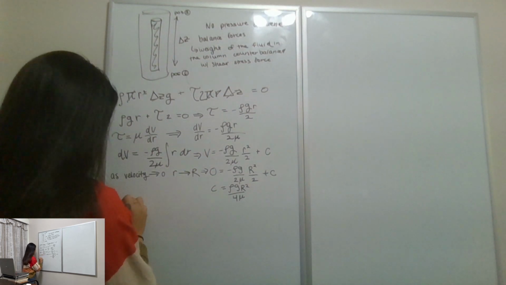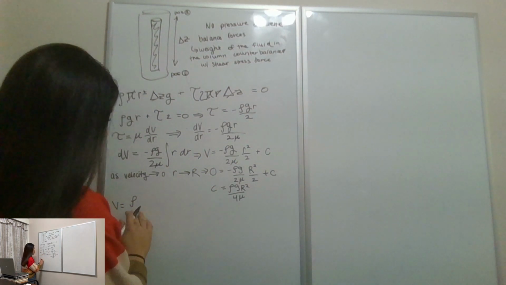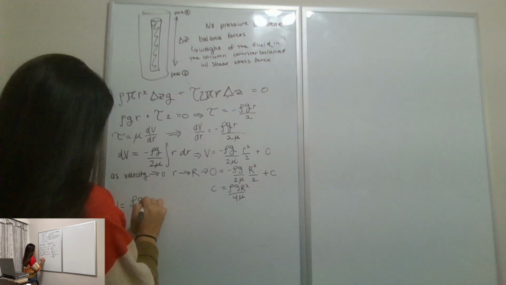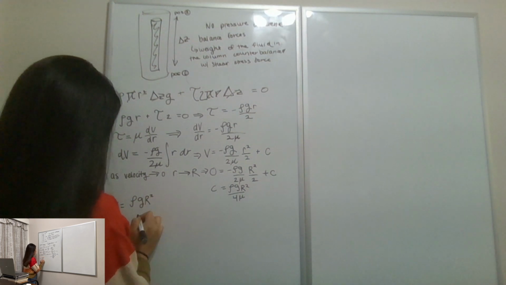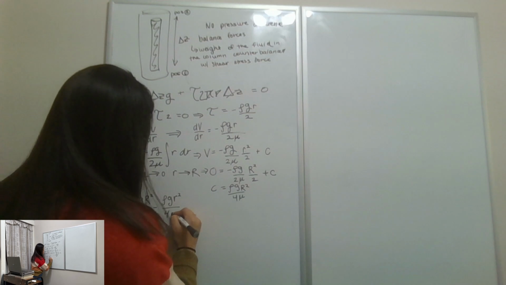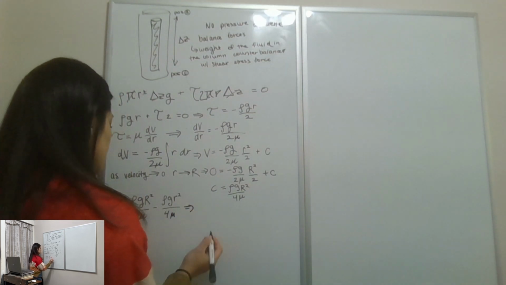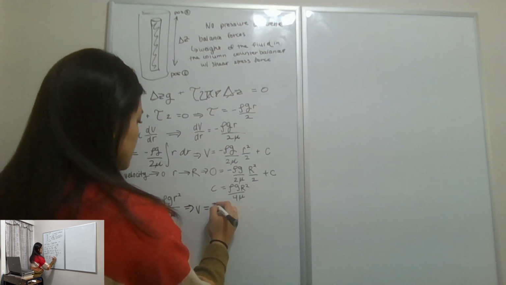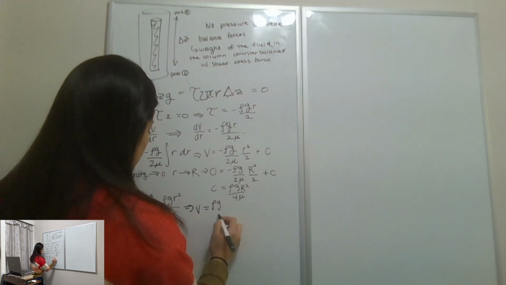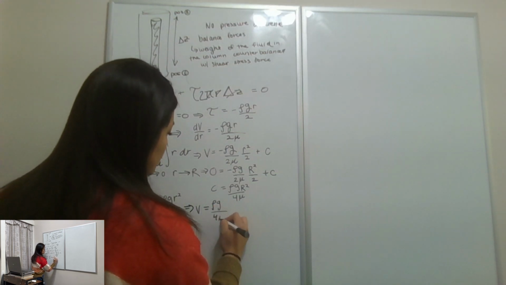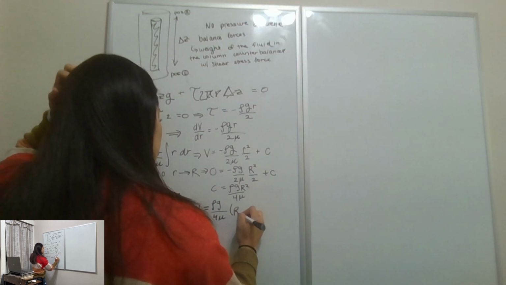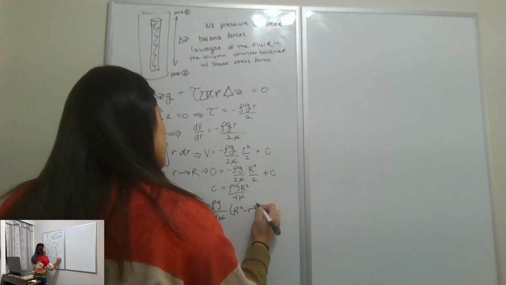So we'll have the velocity is equal to the density times the gravitational acceleration times the outer radius squared divided by 4 times the viscosity. And if you were to simplify this, you get the velocity equals the density times the gravitational acceleration divided by 4 times the viscosity times the quantity of the outer radius squared minus the radius squared.